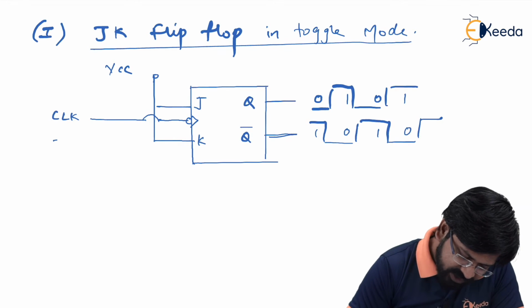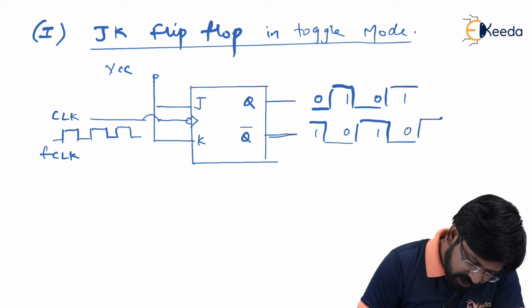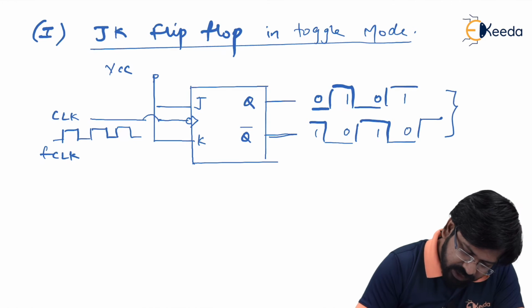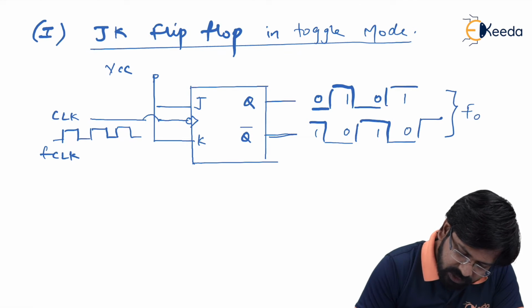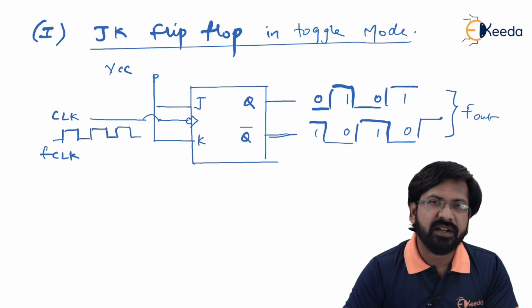Now what I just said is that at the clock you are going to apply a square wave. This will have frequency, let's say F clock, and let us assume the output frequency is F out. The relation between F out and F clock is that F out is equal to F clock divided by 2.